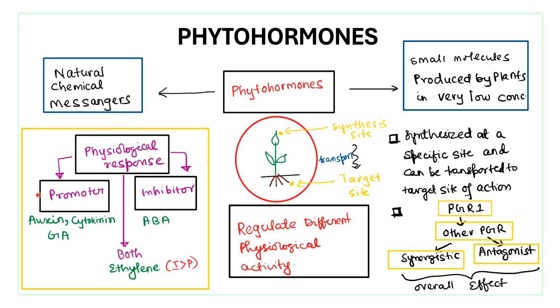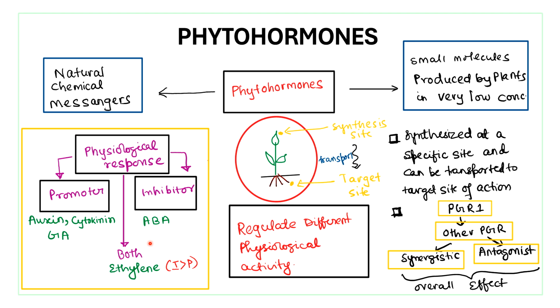In that case the phytohormone is said to act as a promoter, that means promoting a physiological response. Examples are auxin, cytokinin and gibberellic acid. Otherwise, a phytohormone can inhibit a particular physiological response and it will come under the inhibitor category. Example of it is abscisic acid, or in short ABA.